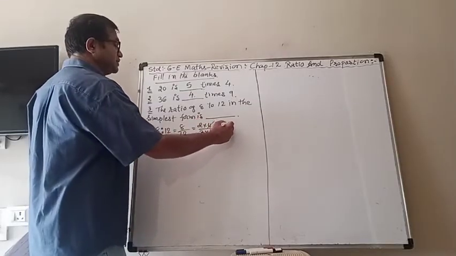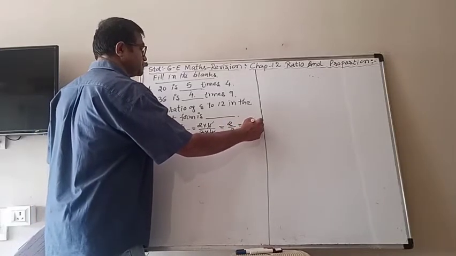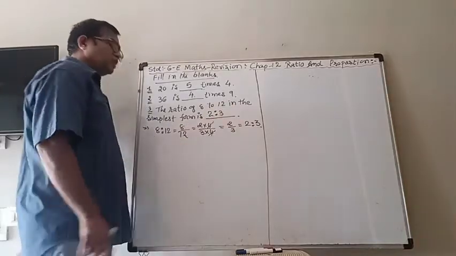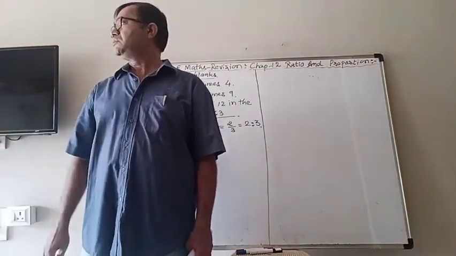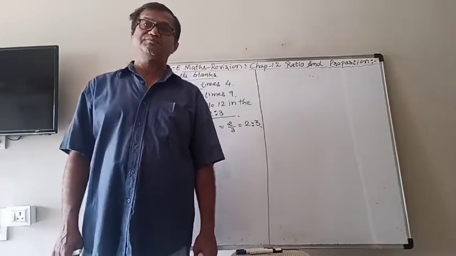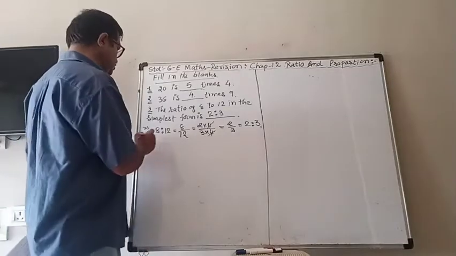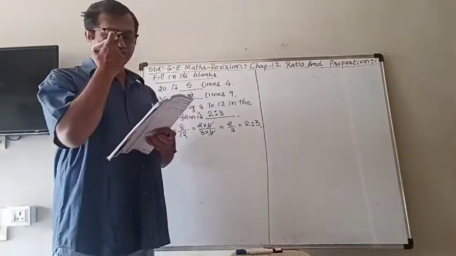So when we cancel it, the simplest form is 2 is to 3. So to convert it into the simplest form, we have to find the factors and cancel the common factors of both numerator and denominator.